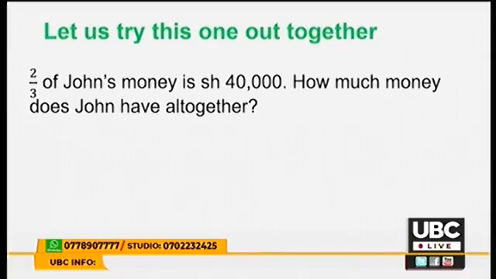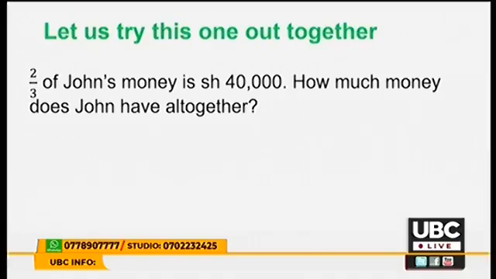Let's try this one together. This time, it's a little different. Let's read it together. 2/3 of John's money is 40,000 shillings.